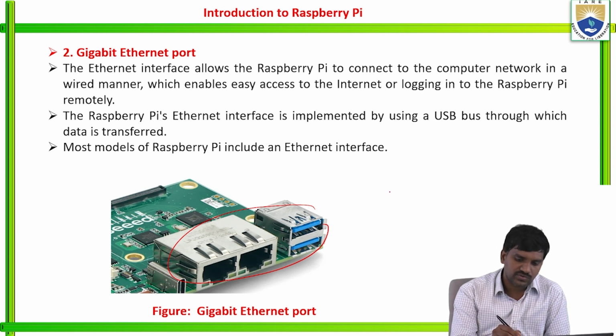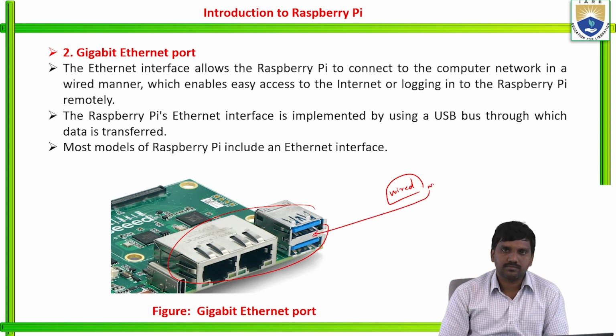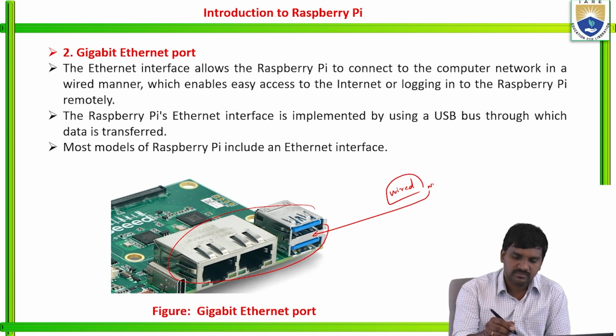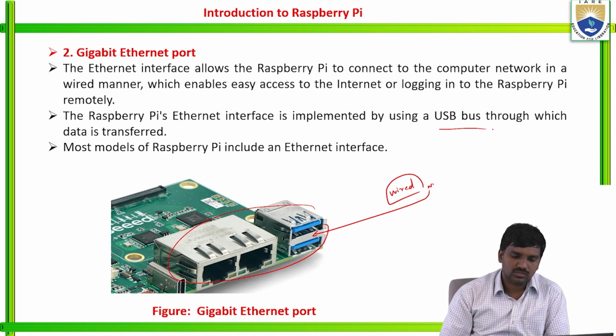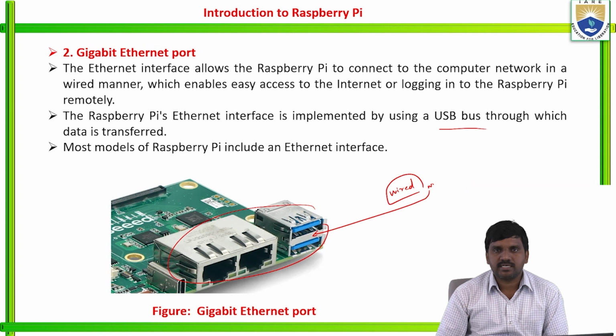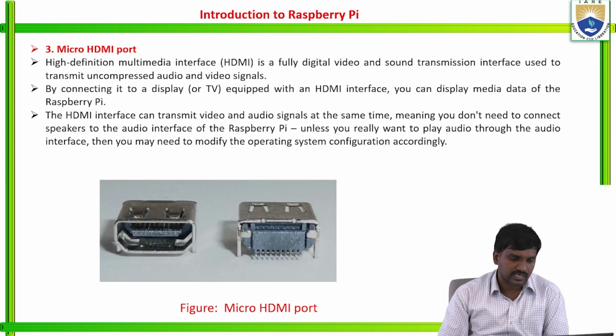If you want to connect with a wire, you can use this slot on the Raspberry Pi module. The Raspberry Pi Ethernet interface is implemented using the USB bus, through which data is transferred. Most models of Raspberry Pi include an Ethernet interface. So this is the second point, the gigabit Ethernet port.